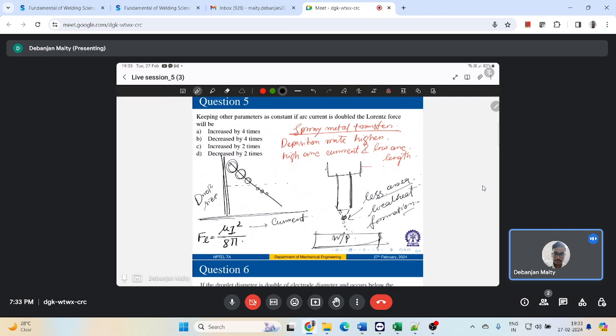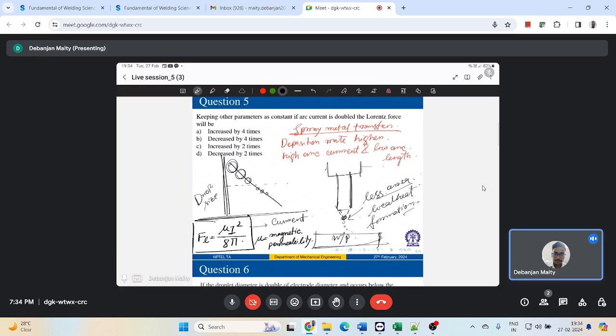You know what mu is? Mu is your magnetic permeability, I is current. So this is directly proportional to the square of the amperage.